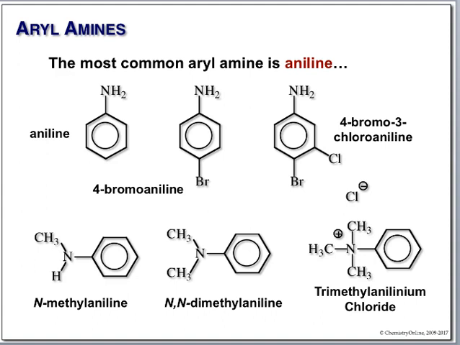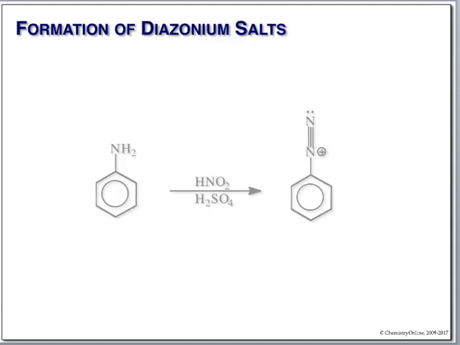Now, the chemistry of aniline is really not much different than the chemistry of other amines. It has a lone pair of electrons, and that's where all the reactivity is. But it does one very unique thing. If you take aniline and you react it with nitrous acid in a strong acid solution, you get what's called a diazonium salt.